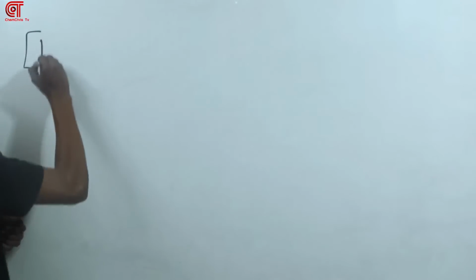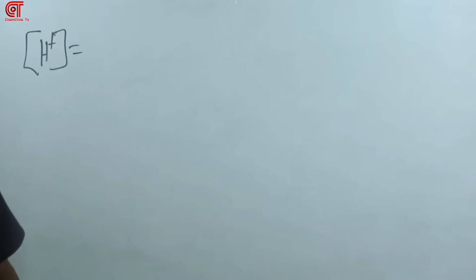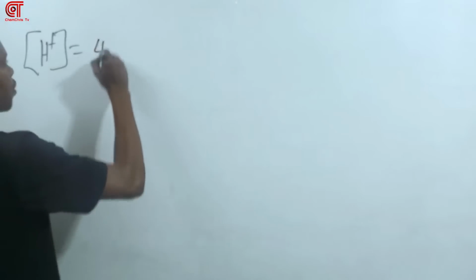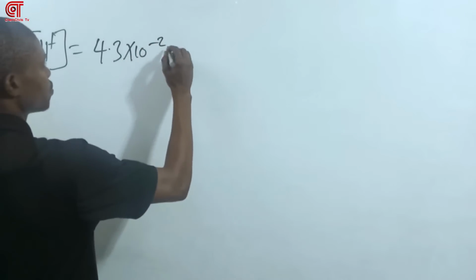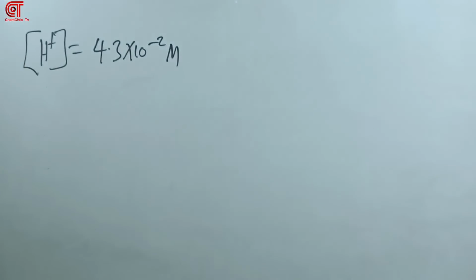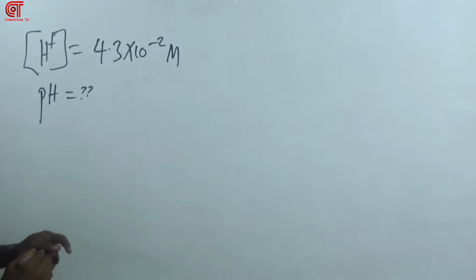For you to calculate that, they gave us the hydrogen ion concentration, H plus, as 4.3 times 10 to the minus 2 molarity. They are asking for the pH of the acid that we are calculating. After you calculate pH, you know if it is acidic or basic.